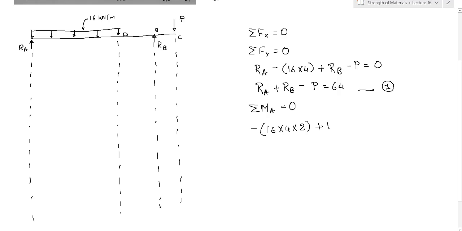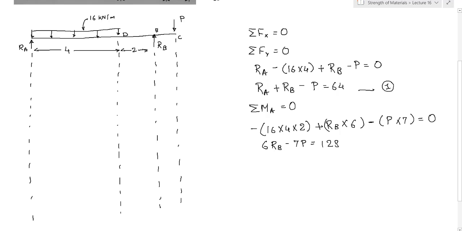Then RB is acting upward, so it will be plus RB into the total distance, which is 4 plus 2, so it will be 6. Then again minus P into 7, and this will be equal to 0. So I can put it like 6RB minus 7P is equal to 128. This will be my equation number 2.